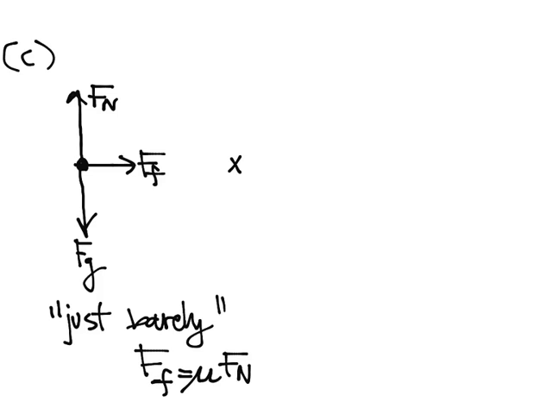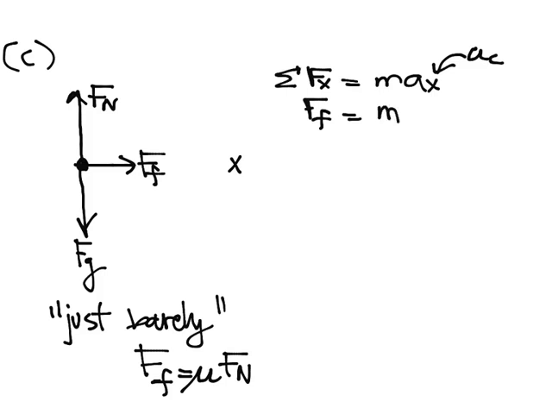Okay, so we can write out Newton's second law for both x and y. In the x direction, sigma Fx equals max. We only have Ff, so Ff equals max, but we know that this thing is moving around in a circle, so ax is ac, our centripetal acceleration, which is equal to vt squared over r.